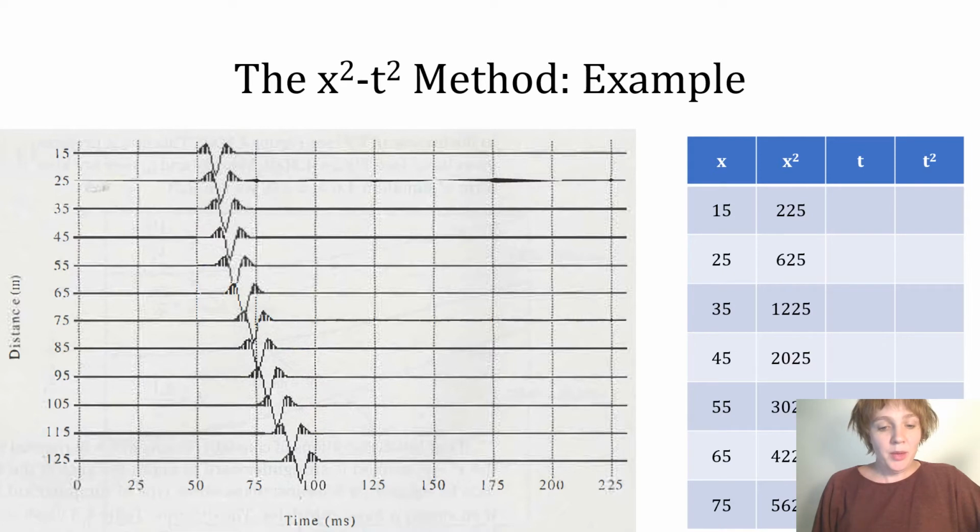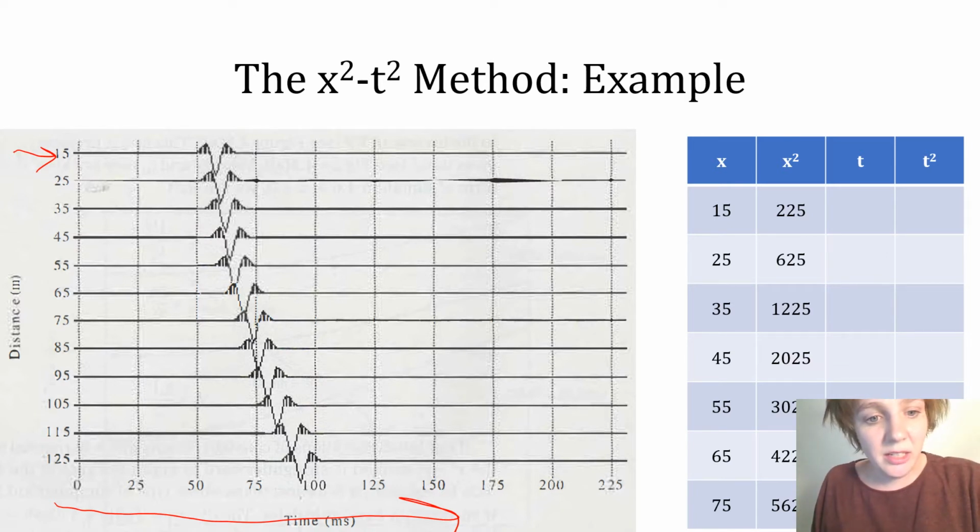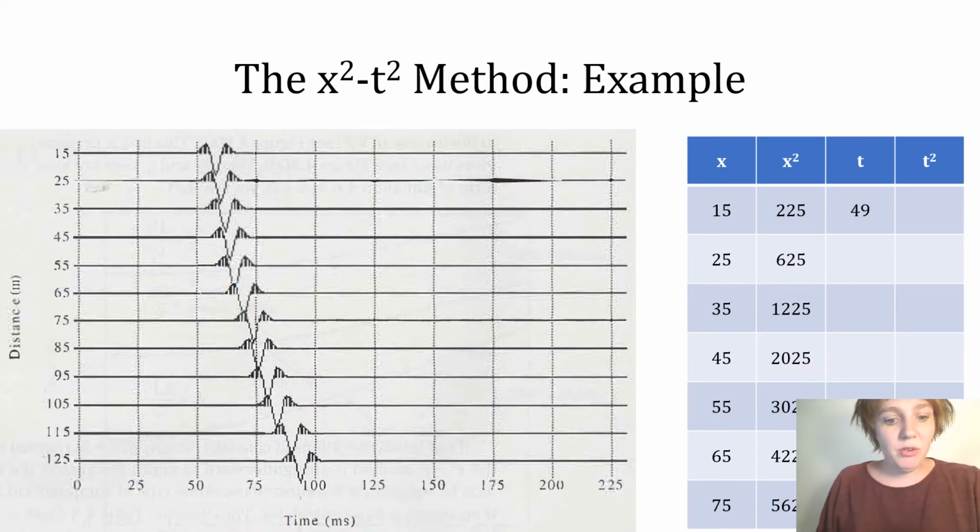Okay, now we have to determine the arrival time of the waves. The arrival time is the two-way travel time, and that's just going to be where it appears on this axis down here. So if we start up at x equals 15 meters, it looks like our very first deviation happens right here at about 49 or 50.